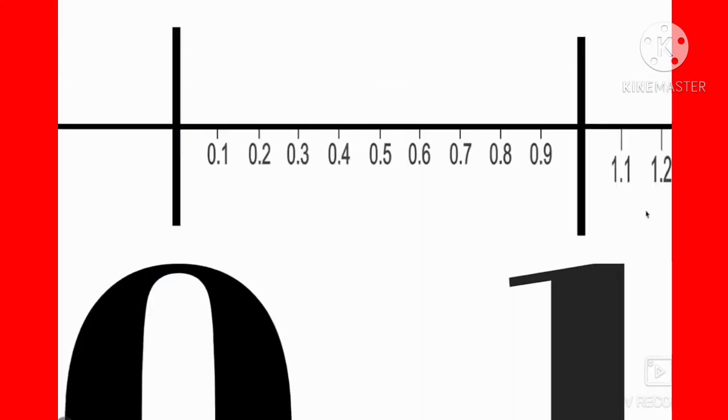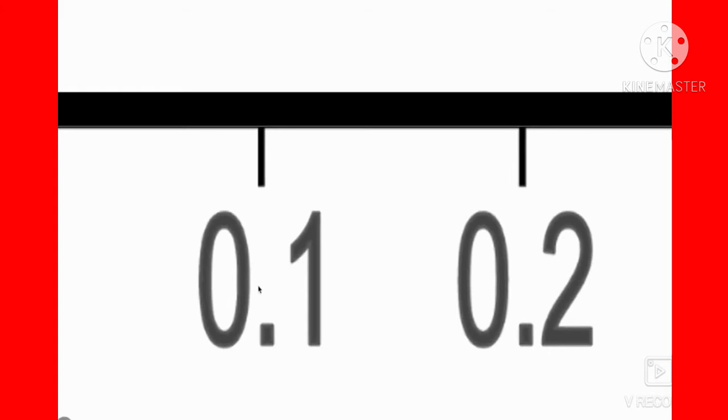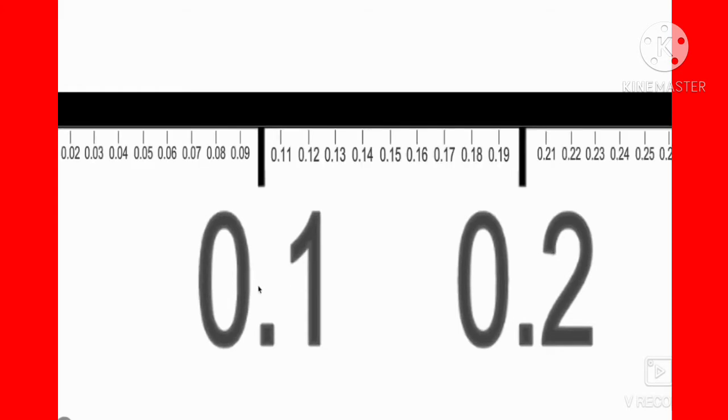When we divide 10 equal parts between 0 and 0.1, the next number from 0 on the number line starts from 0.01, 0.02 and so on. That is, it can also be called a decimal part on the hundredth place. Similarly, we can divide the decimal numbers.